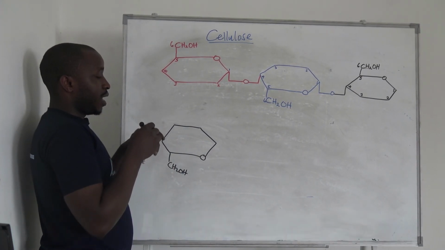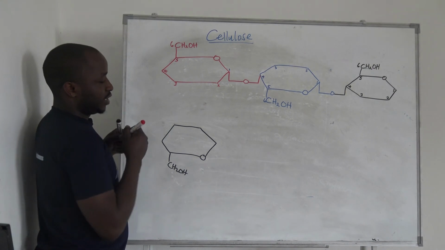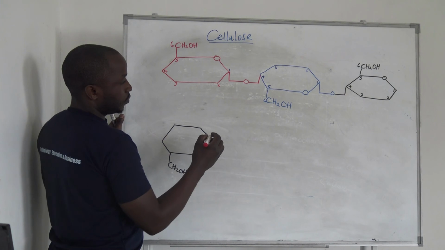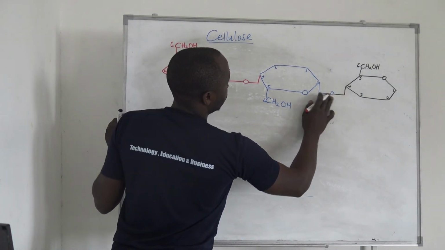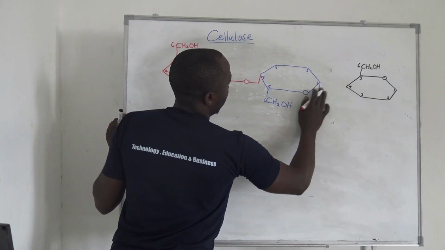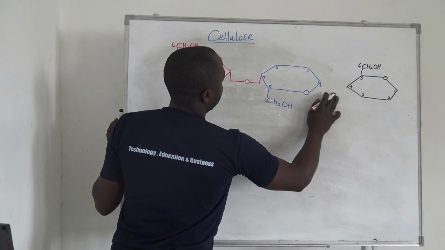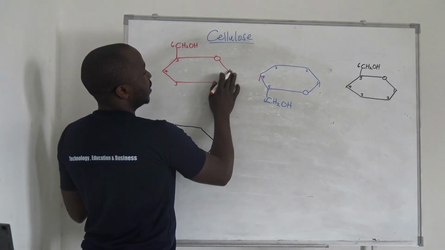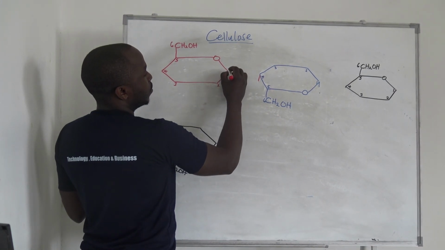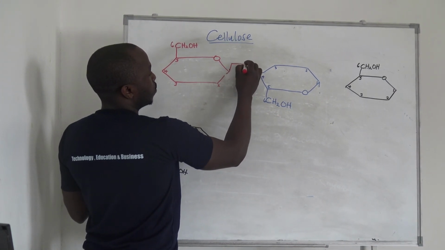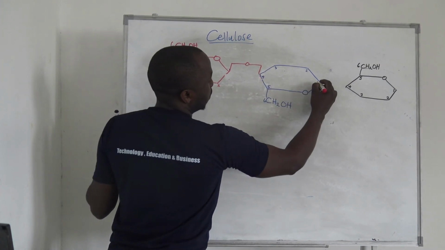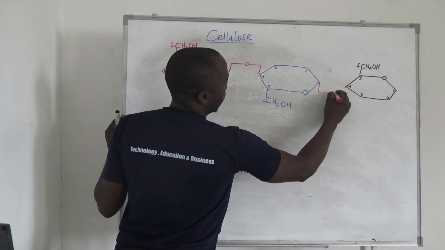Then another polysaccharide chain. Allow me to do some editing here so that we have this. If this one was inverted, how would the bond look like? The bond would also be up there. Then this bond here would remain there.